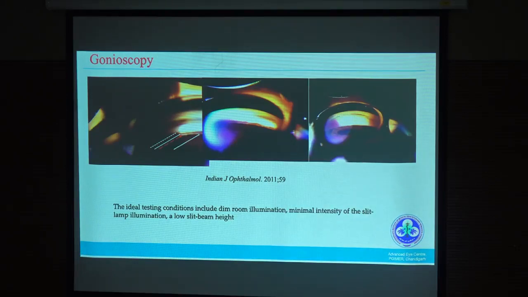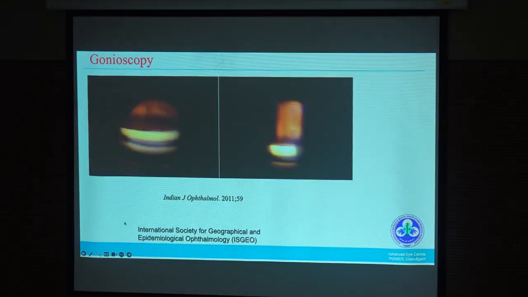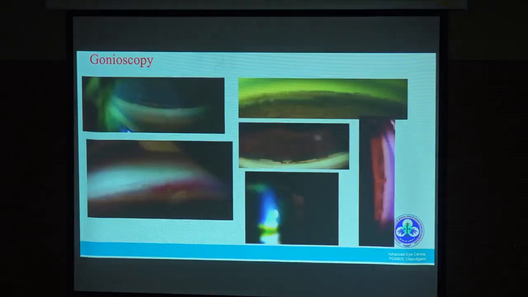A dark room should be preferred, because in this second picture there is an open angle, and once you reduce the illumination, the angle becomes closed. Angle closures are usually classified by ISGEO, like PAC suspect, which has a 270 degree appositional angle, then PAC and PACG later on.